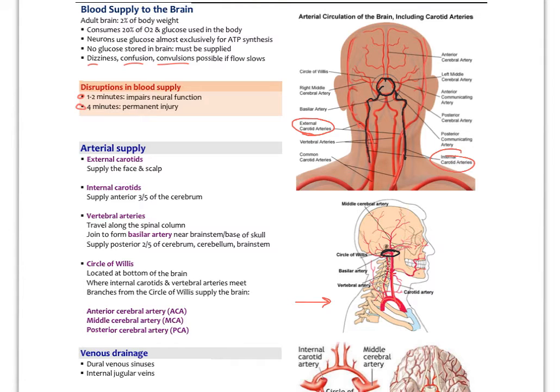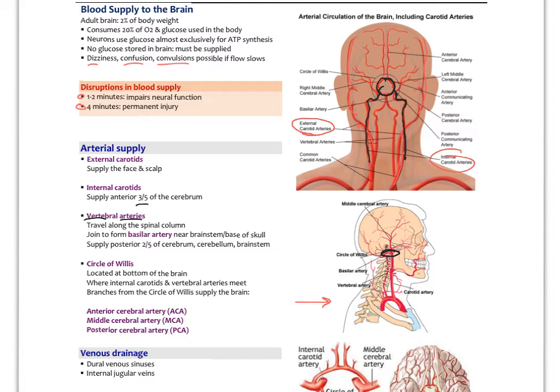And then there's another arterial system that supplies the brain, and that is the vertebral arteries. So the internal carotids are going to supply about 3/5 of the cerebrum with blood, but the vertebral arteries supply the rest. And they travel along the spinal column, so they're going through the little holes in the vertebrae on either side of the spinal cord.